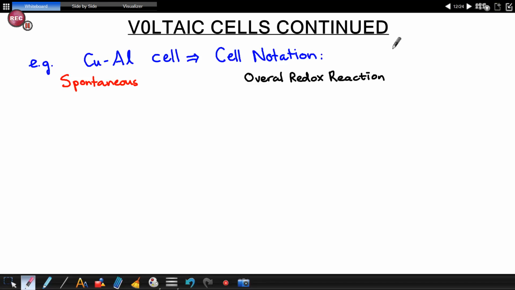So let's see what we would have. First, it is a spontaneous reaction. Between the aluminium and the copper ions, there will be a spontaneous reaction, right? So what energy is turned into what energy? What is the energy conversion here?